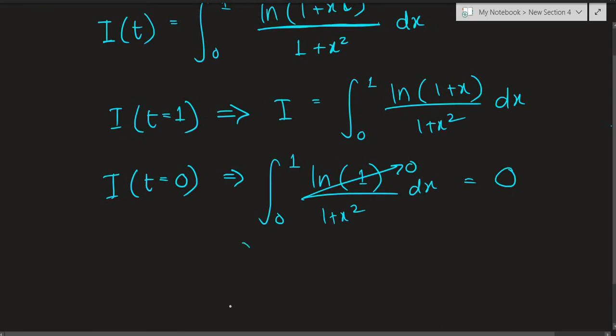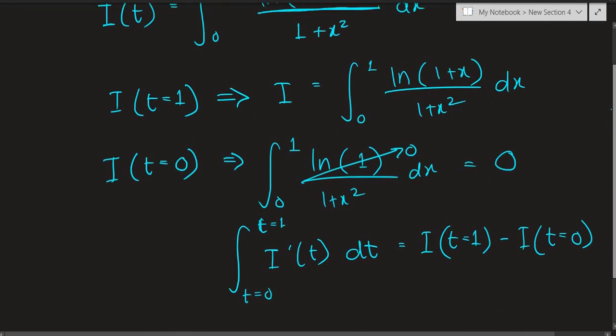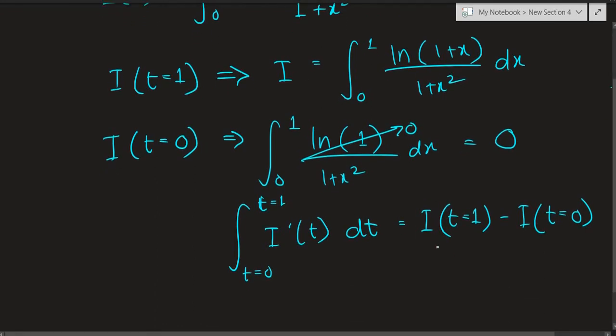Therefore when we integrate I prime of t from t equals 0 to t equals 1, we're going to have, by the fundamental theorem of calculus, I of t when t equals 1 minus I of t when t equals 0, and I of t when t equals 1 is just our I, right, our Serret integral. So I minus I of t when t equals 0 is 0, so I minus 0, or just I.